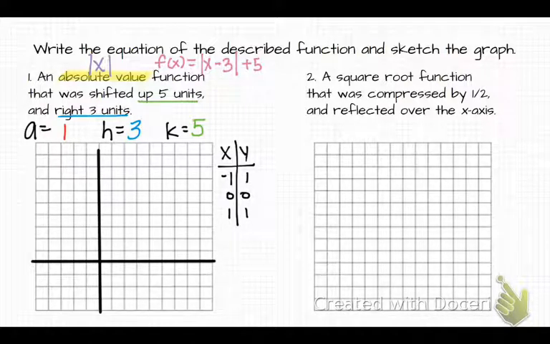So to plot these points, I'm going to go to negative 1, 1, 0, 0, and 1, 1. Now, what do I do with each of those points? How do they move? Right, how many units? 3, and then what? And then up 5. So I'm going to go right 1, 2, 3, and up 1, 2, 3, 4, 5.